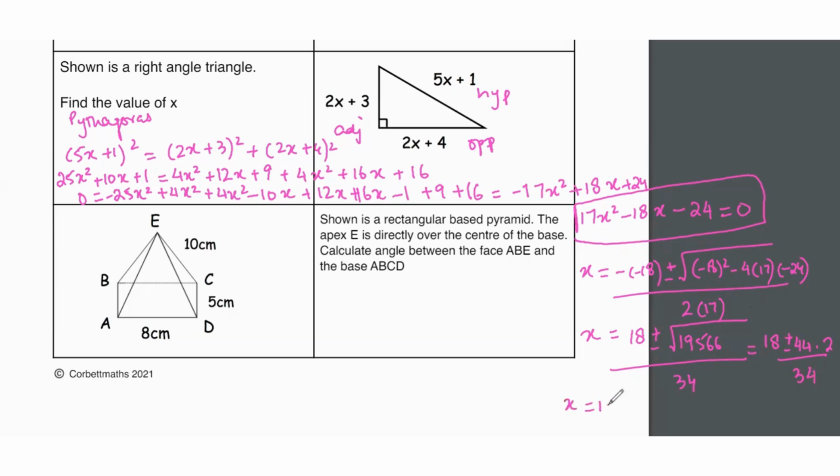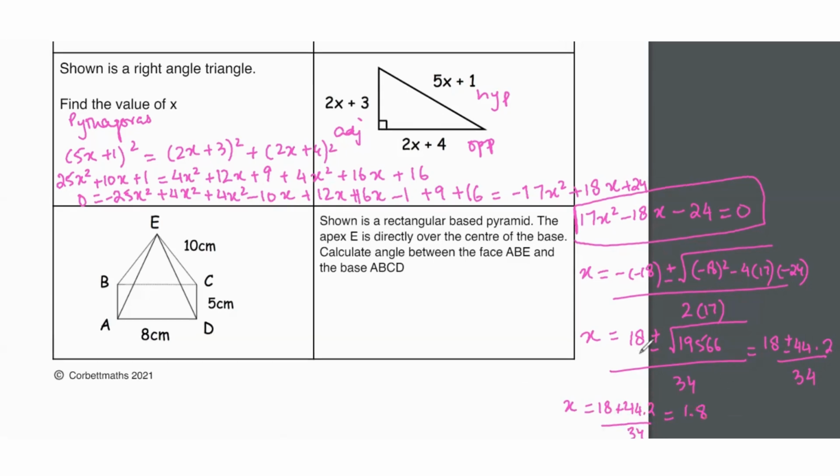So one value would be 18 plus 44.2 over 34. That would be 1.8. And the other would be 18 minus 44.2 over 34. That would be negative 0.8. So these are the two values of x. Since x cannot be negative, we're going to go for 1.8.